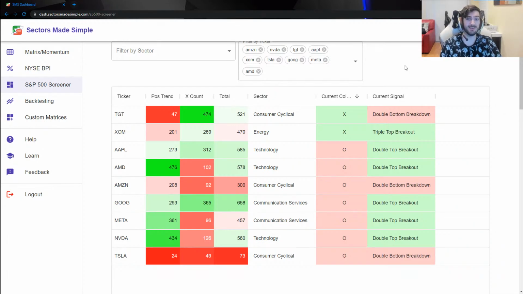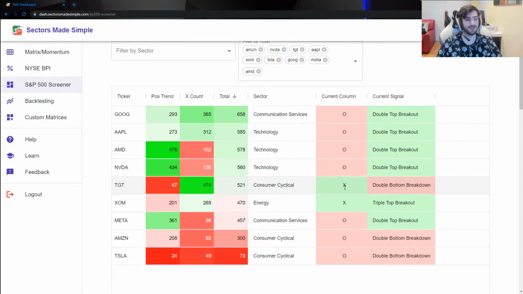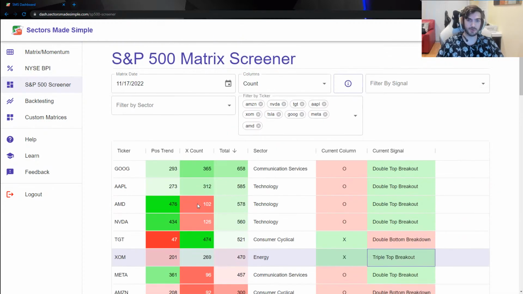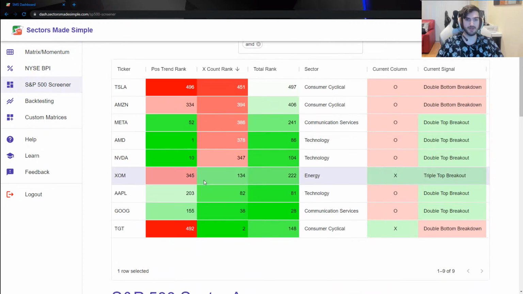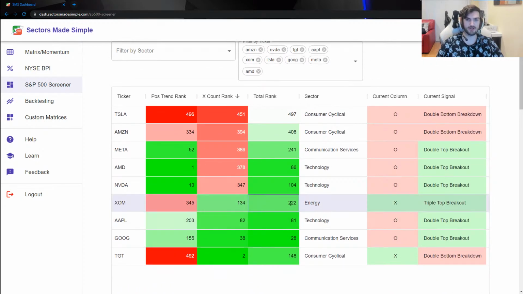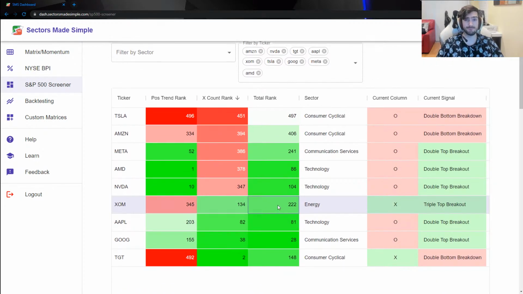And pretty easily, you can find the company that is the strongest, that is both on a buy signal and in a breakout. In that case, it would be ExxonMobil. Is it the strongest overall? No. In fact, if we use rank, we'll find that ExxonMobil is ranked 222 overall.